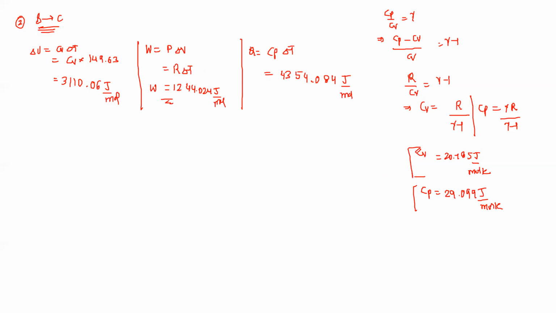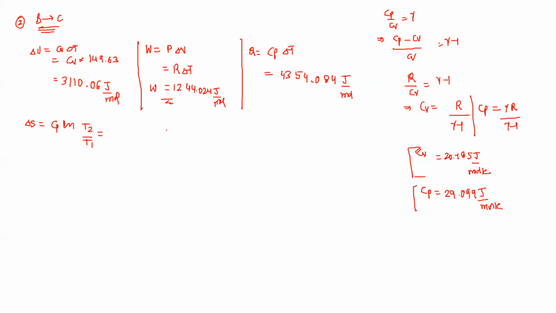And if you see, this is actually in accordance with the first law of thermodynamics, Q is equal to delta U plus W, right? And then we have to find the entropy change. So entropy change for an isobaric process is going to be Cp ln T2 by T1.